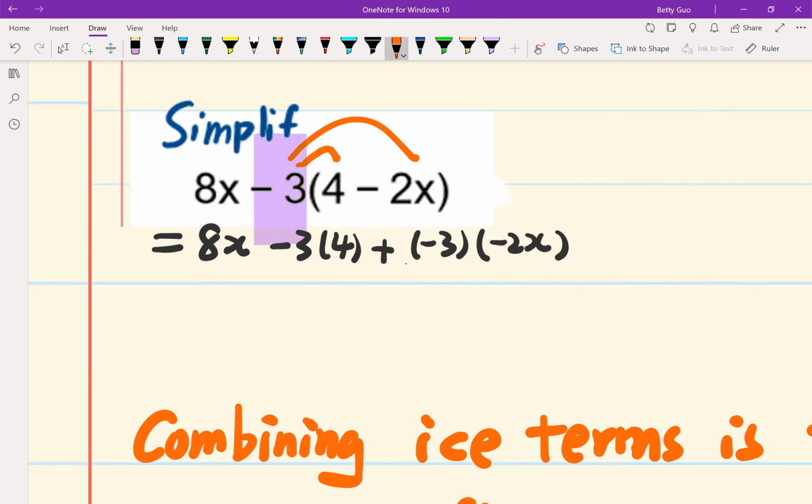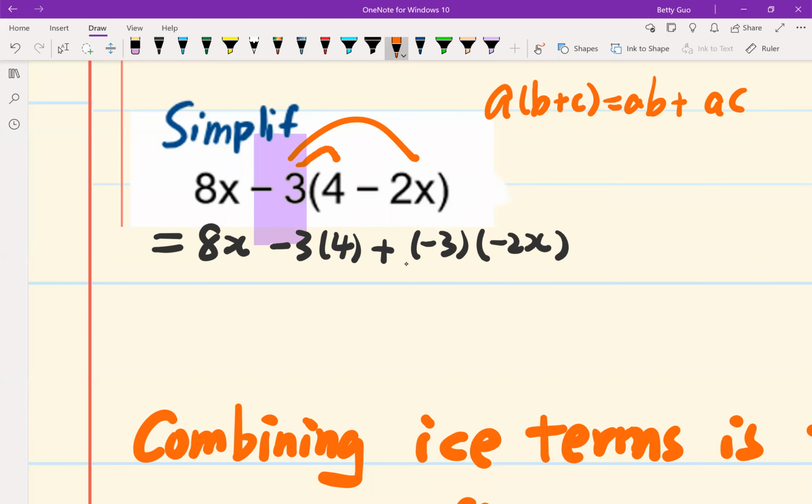If I write the formula, A times (B plus C) equals A times B plus A times C, right? When you apply the distributive property, you need to identify the coefficient first. The coefficient in this case is A in the formula.